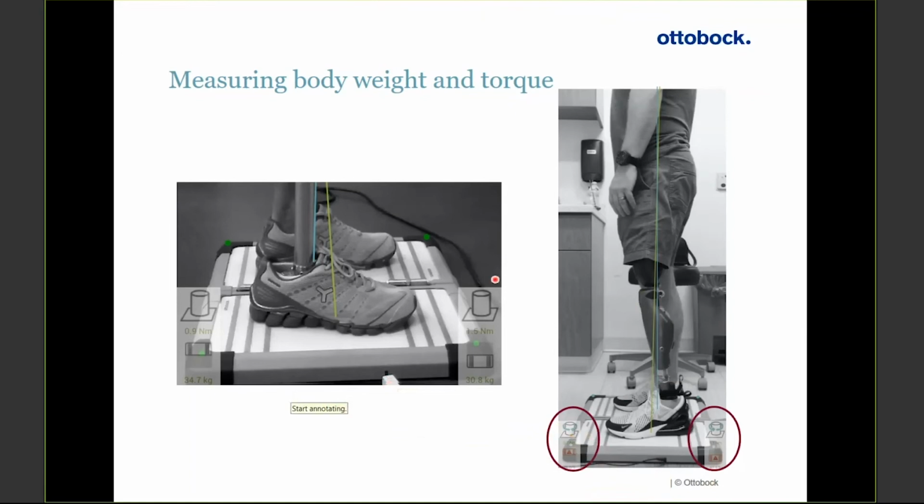The second thing you can see here is that it measures torsion. So you will always have a certain amount of torsion being registered here, but what you want to be looking for is that one side is no more than 2 Newton meters more than the other side. And the little arrows will depict whether it's going to be internal or external rotation.